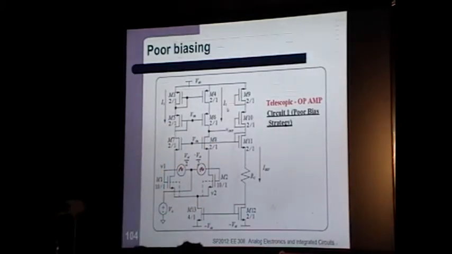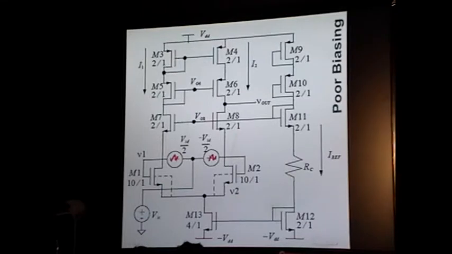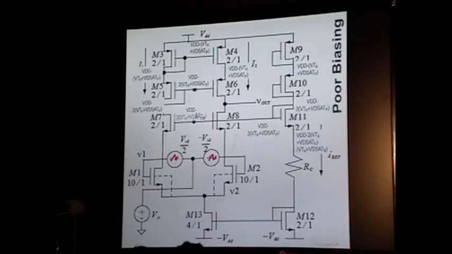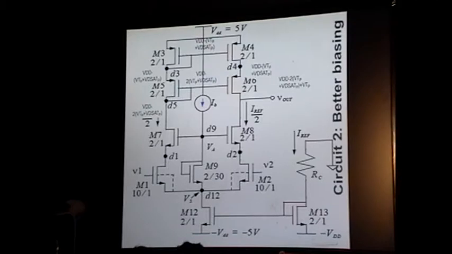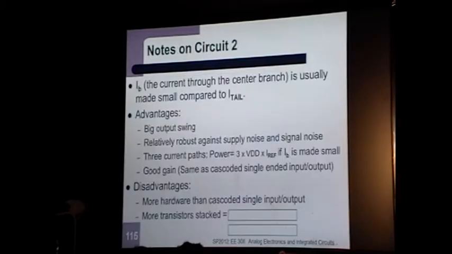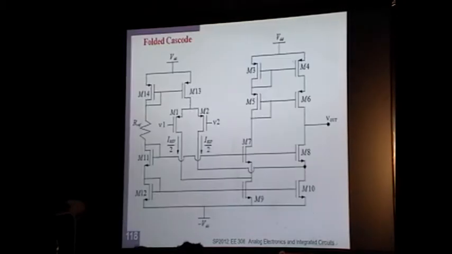There's another way to build telescopic op-amps, and that's called a folded cascoded op-amp. The problem with a telescopic op-amp is that you have 4 transistors and then you have a tail current source.